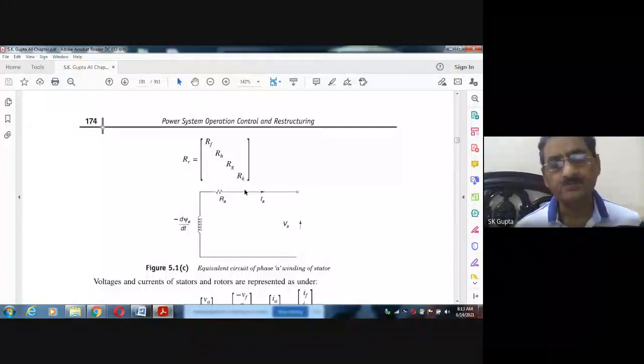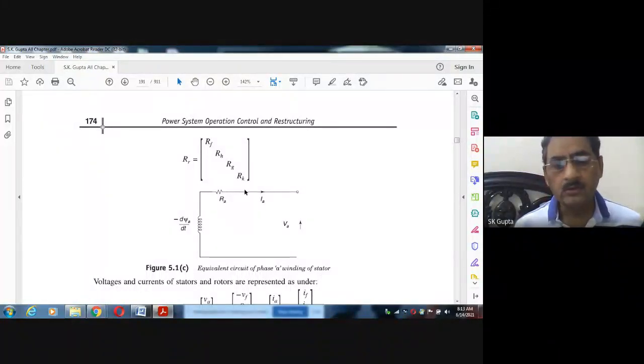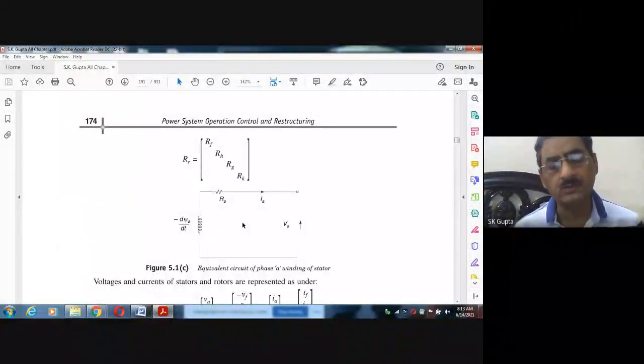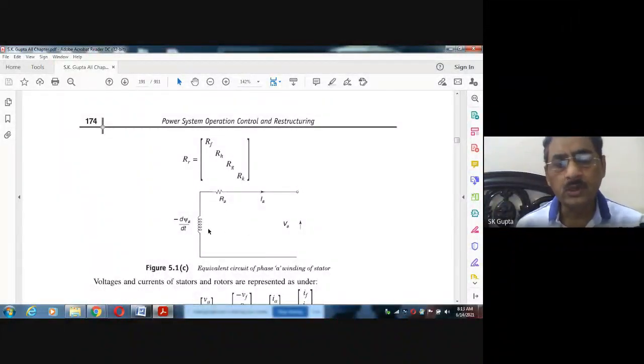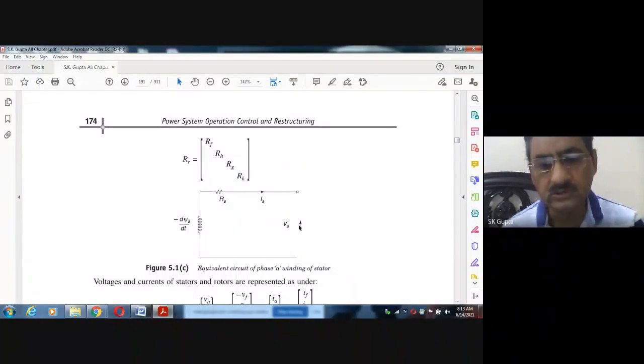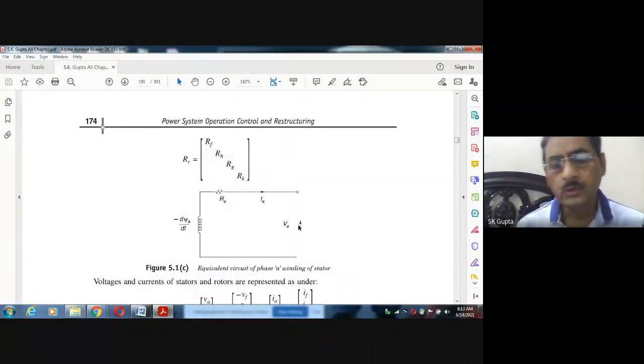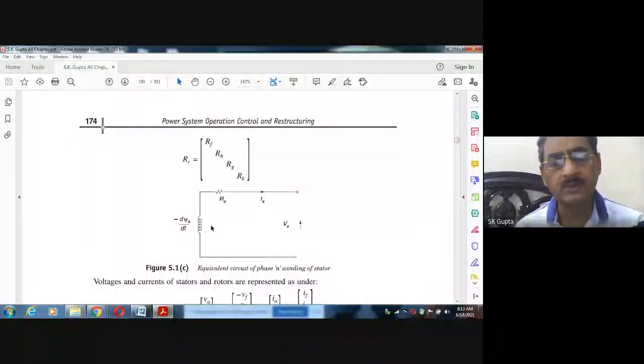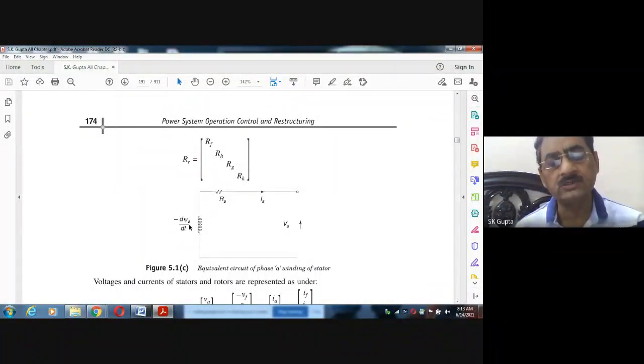These are the rotor side resistances: resistance of the field winding, H winding, G and K winding. And one equivalent circuit of the phase winding is shown. Similarly, the other equivalent circuits will also be there. This V is the terminal voltage of the stator. This voltage is equal to IR, the current flowing, plus N d phi over dt, that is d psi over dt.